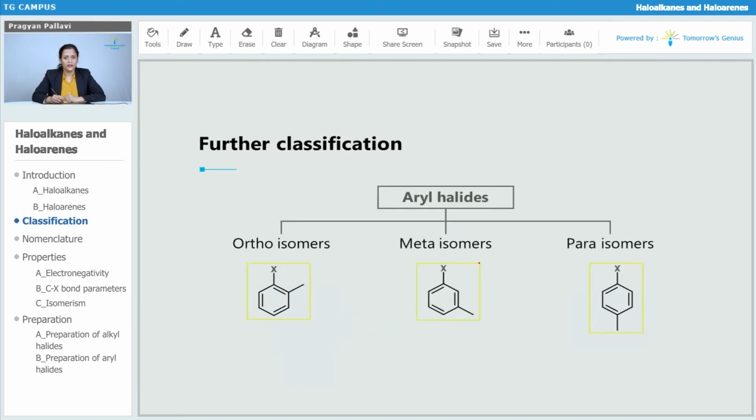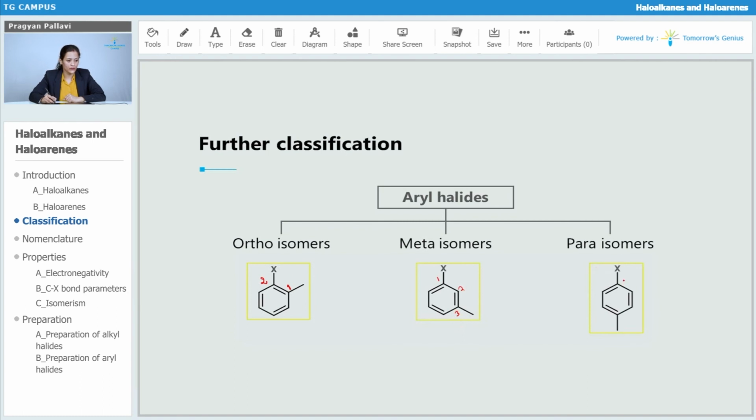Further, aryl halides are classified into ortho, meta and para. Ortho is the position when the halogen atoms are attached to carbons, let's say at 1 and 2 positions. So 1,2 substituted haloarene is called ortho isomer. And 1,3 substituted haloarenes are known as meta isomers.